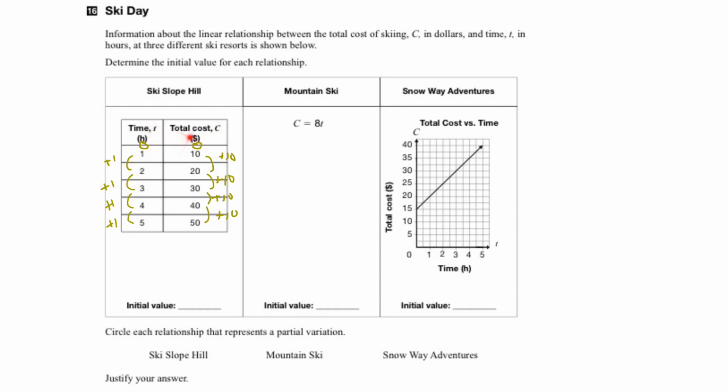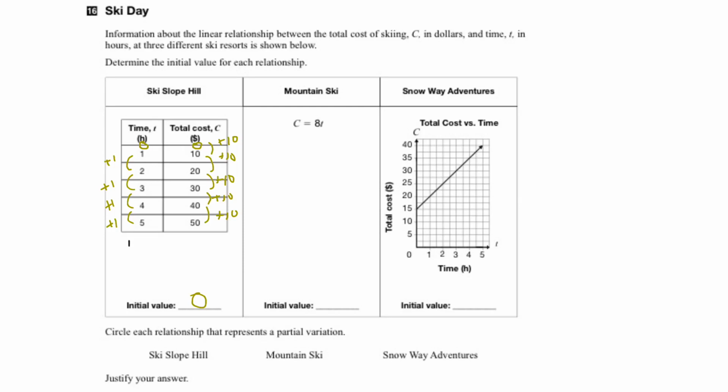So for 0 hours, we don't pay anything. For 1 hour, we pay $10, or another plus 10 if you like from here. It's got to be consistent if it's linear. So what we can tell from this is that the initial value is 0. In other words, when time is 0, the cost is 0, so the initial value is 0.